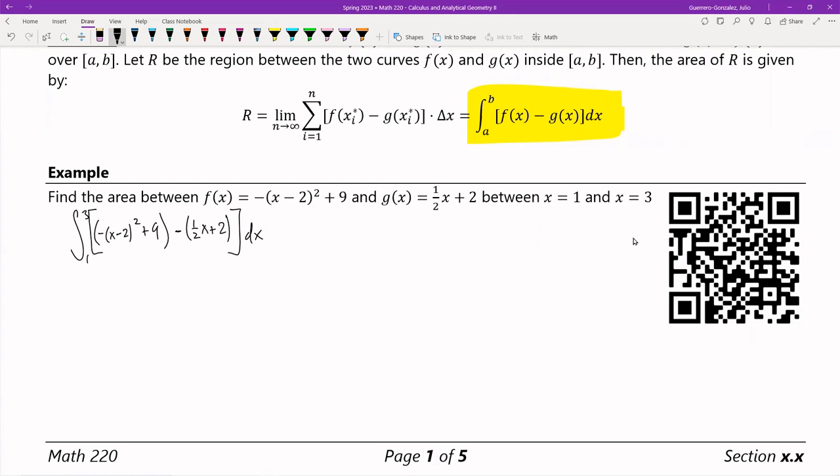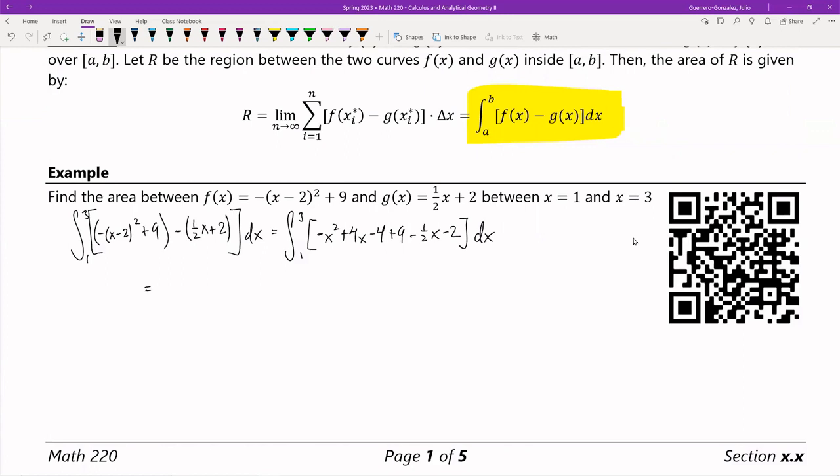Okay. If you expand this out, 1 to 3, if you expand out our integrand, you're going to get something that's going to look like this. And I sort of hope you guys do this on your own. It's to practice your algebra, right? It's going to be negative x squared plus 4x minus 4 plus 9 minus 1/2 x minus 2 dx.